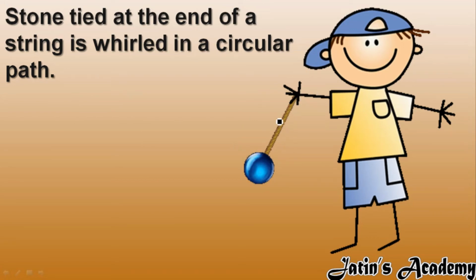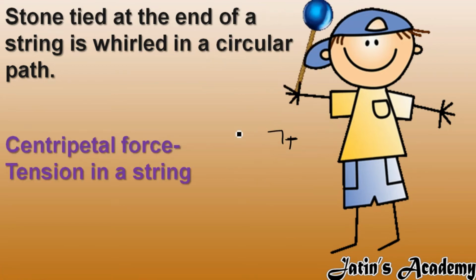This thread or rope applies some force in this direction. This force is called tension in the string. So here the centripetal force in this case is the tension force in the string. So in each and every case the name of the centripetal force is different. At some places the centripetal force is electrostatic force, gravitational force, or tension force. So according to the situation, the nature of the centripetal force keeps on changing.